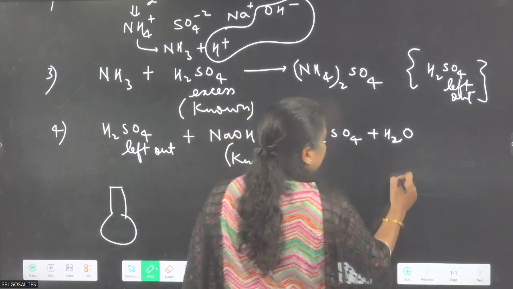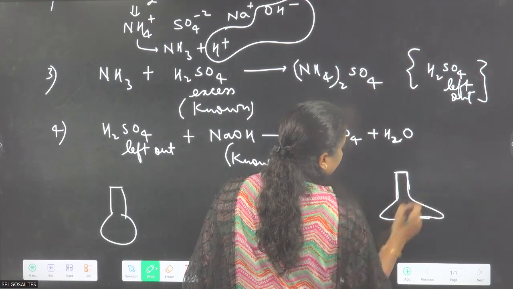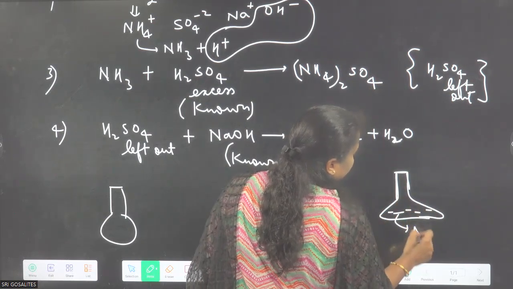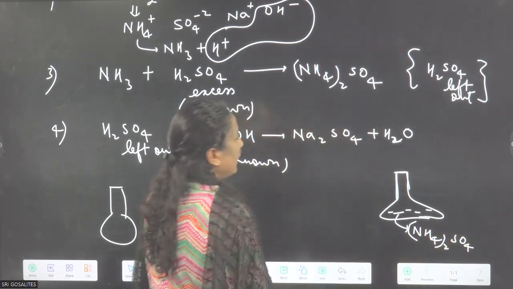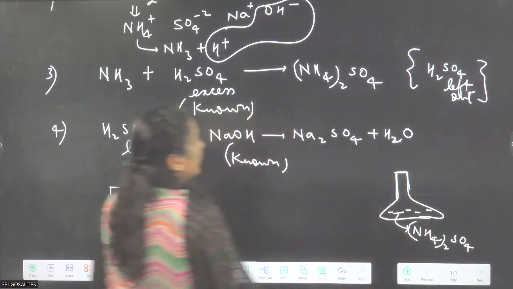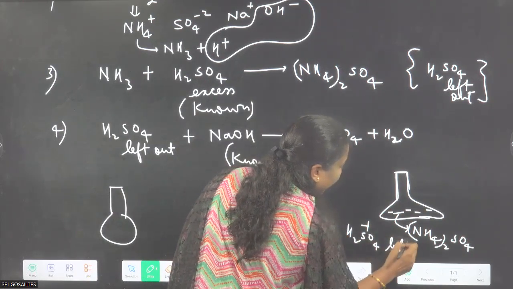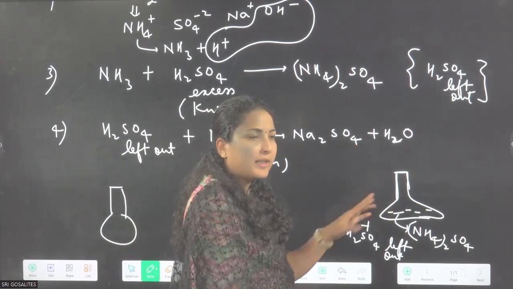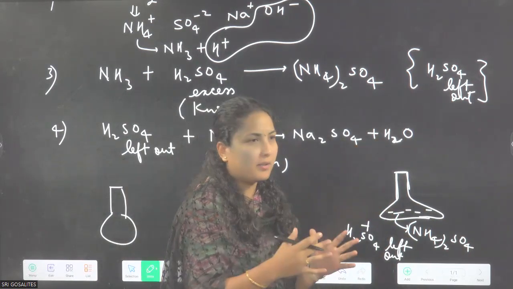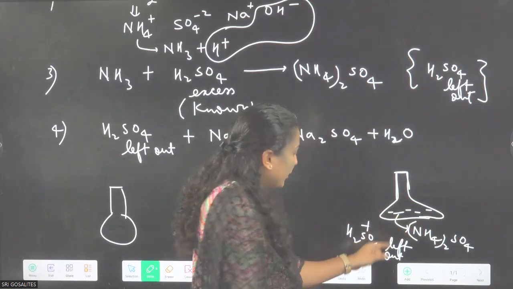In fact, you can see that in this beaker you have ammonium sulfate, right? And there is some H2SO4 left out also in the last beaker. Whatever H2SO4 you added has reacted with the entire ammonia and formed ammonium sulfate. Whatever H2SO4 is left out is like this only.